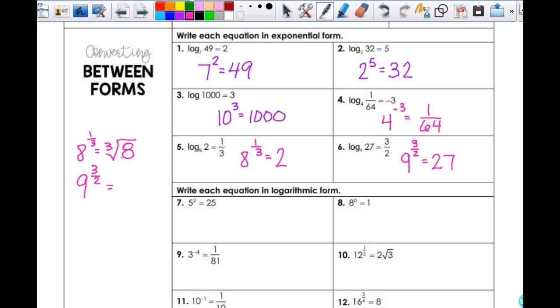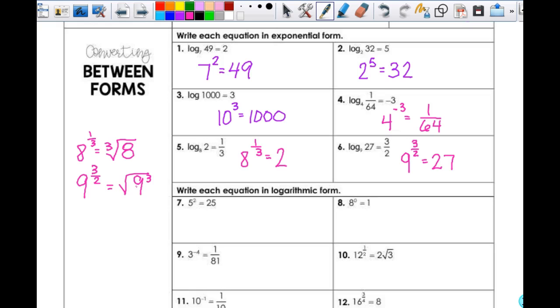So if this was 9 to just the 1/2, forget the 3 for a second. Square root. Okay. So the 1/2 gives me the square root of 9, and that 3 is 9 cubed. So that's another way to write it. We're leaving it like this, but you need to remember these things. And then these two things I could do in either order. It would be easier to take the square root of 9 and then cube it, which would give you 27 in the end, of course. But all right, so just a little reminder about exponents there.